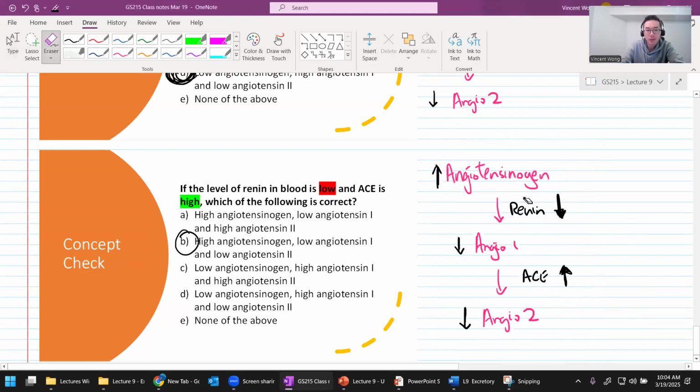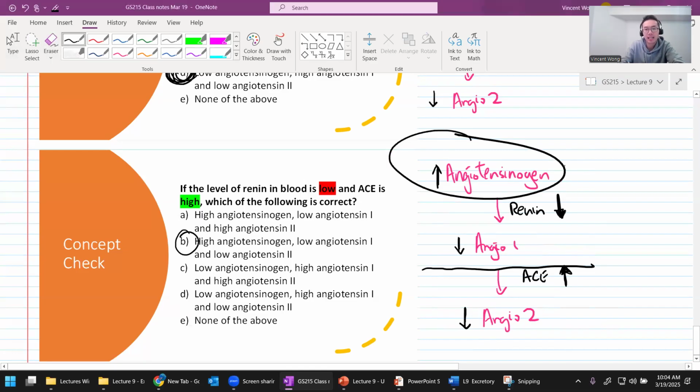So with a low amount of renin, angiotensinogen is not being converted into angiotensin number 1. So that's why we have a backlog of angiotensinogen, and then we're not getting a lot of angio 1. Most of it is stuck in the angiotensinogen form because we don't have enough renin to convert it.